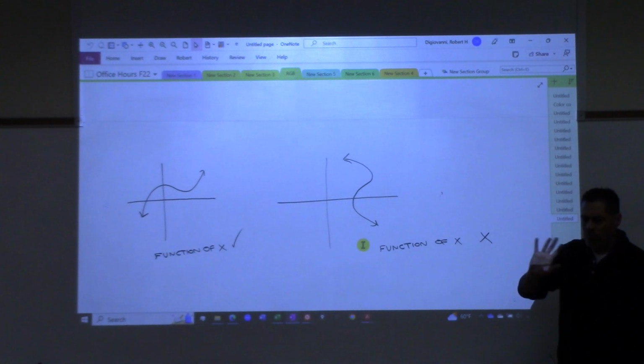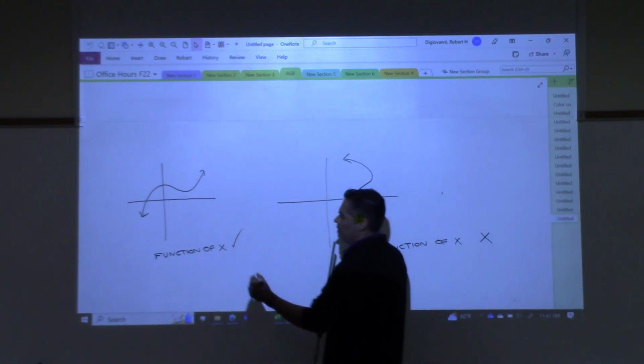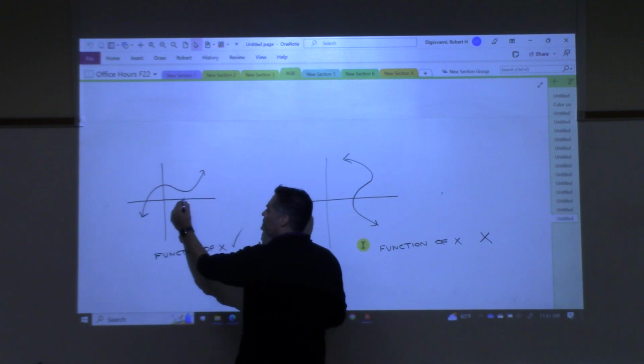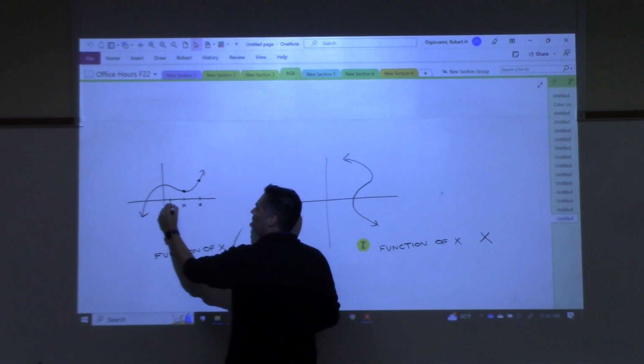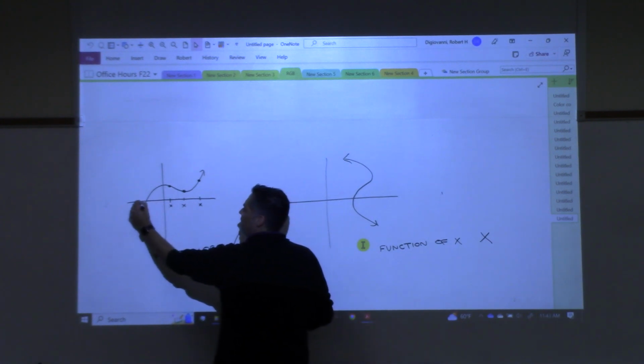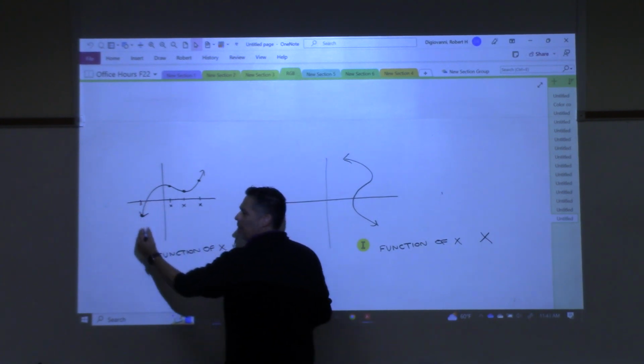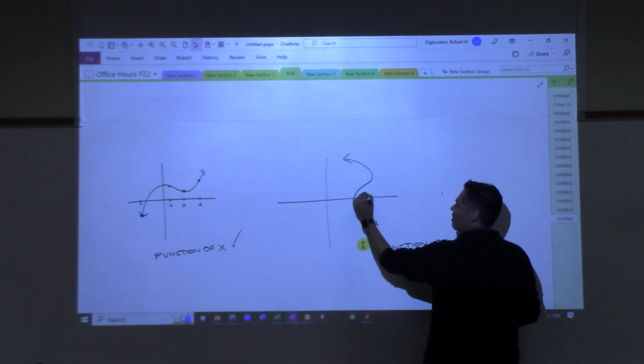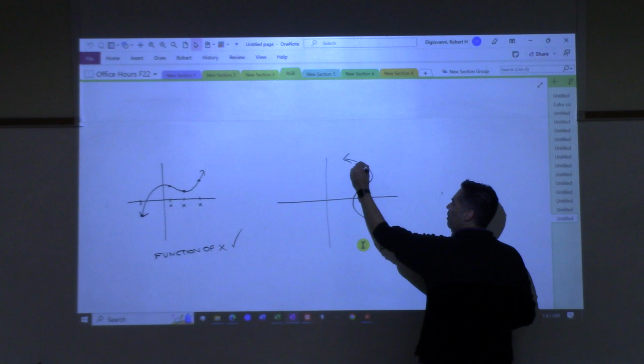Now, what do we mean? We mean that if you plug in a value of x here, I don't care where you plug it in, there's only one output here, right? It doesn't matter what x you pick, you're going to have one output. x over here, one output, right? Does that happen over here? If I plug in an x, I actually have that output, that output, that output.